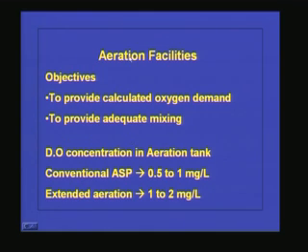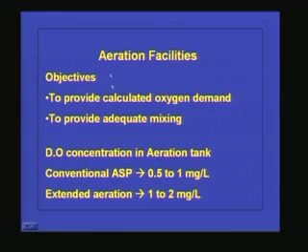So, how can we design the aeration facility? The objective of the aeration facility is to provide the calculated oxygen demand and to provide adequate mixing. For DO concentration in the aeration tank, in the conventional activated sludge process, we are supposed to maintain a dissolved oxygen concentration of 0.5 to 1 milligram per liter, whereas in the extended aeration system we are supposed to maintain 1 to 2 milligram per liter.